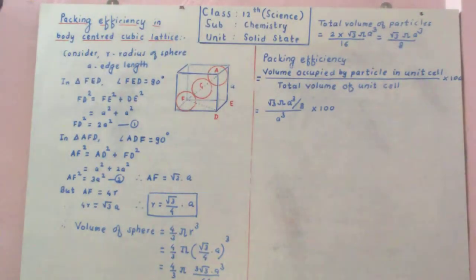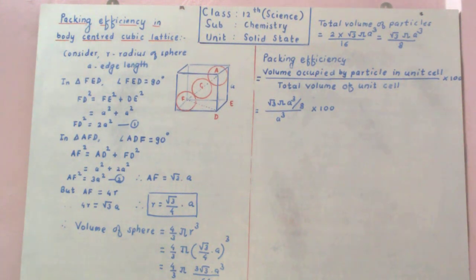So the formula of packing efficiency is volume occupied by particles in the unit cell into 100 upon total volume of the unit cell. So root 3 pi into a cube upon 8 upon total volume a cube into 100.